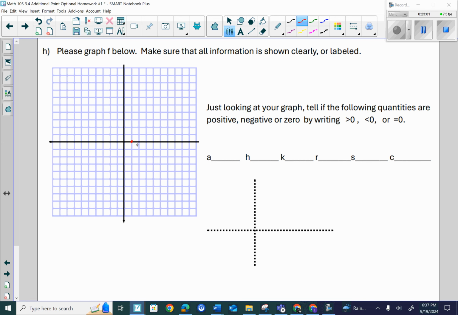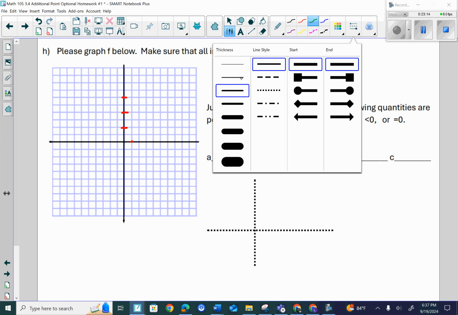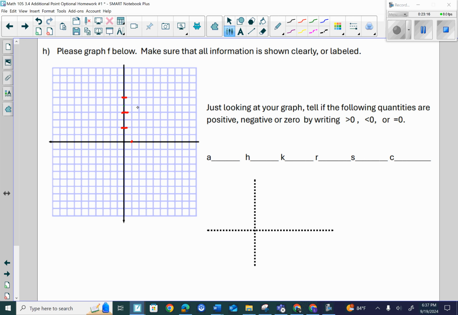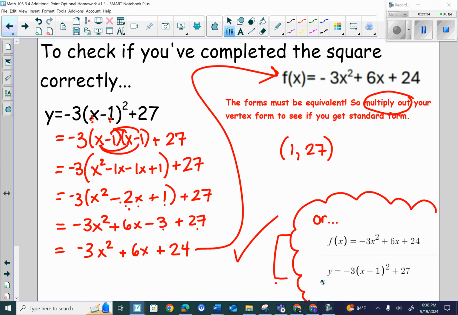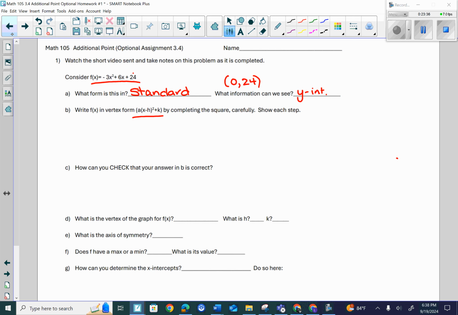So I'm going to say 1, and I'm going to scale these by tens, 10, 20, 30, and so 27 is going to be probably right about 25 and 30, so right about there. Label it 1, 27. It's 30, 20, 10, and there's 1. So there's my vertex.